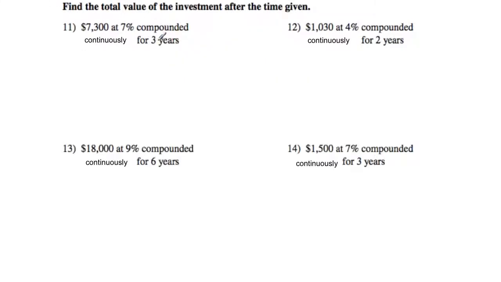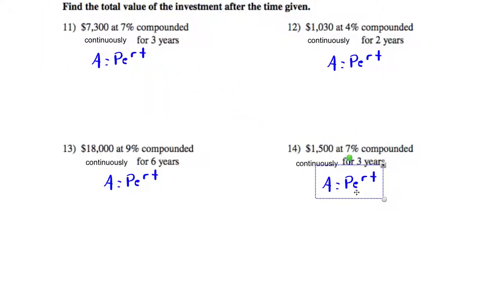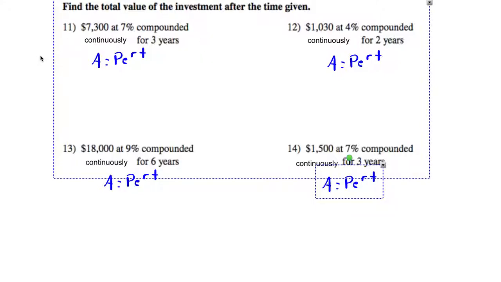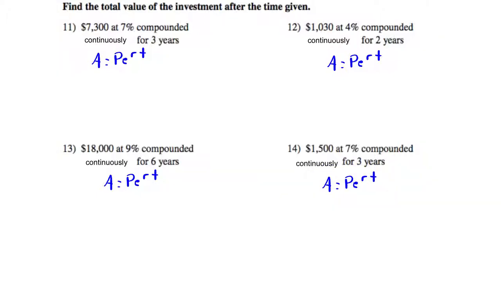So if we look at pretty much those same questions again, we're going to be using this same formula again, this A equals Pert formula. So we can just copy that for each one of these. It'd be great if you guys could do that in your notebooks, right? And plug in our values.